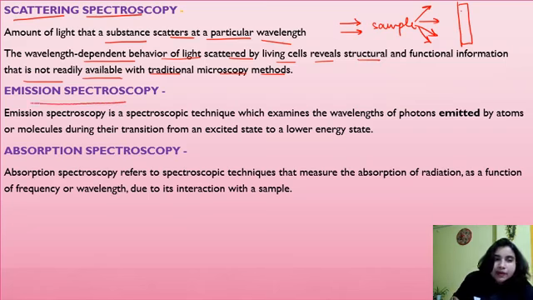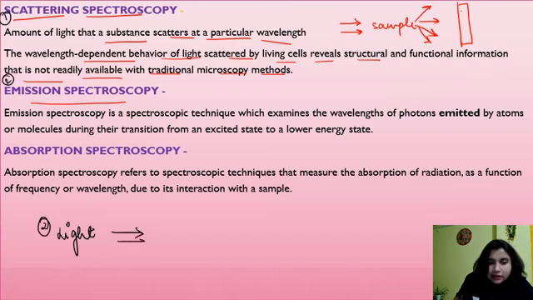Coming to emission spectroscopy, what is emission spectroscopy? Emission means something emitted. I am writing this as first, this as second, and now I am explaining the second one. If there is a light, it will interact with the sample, right?